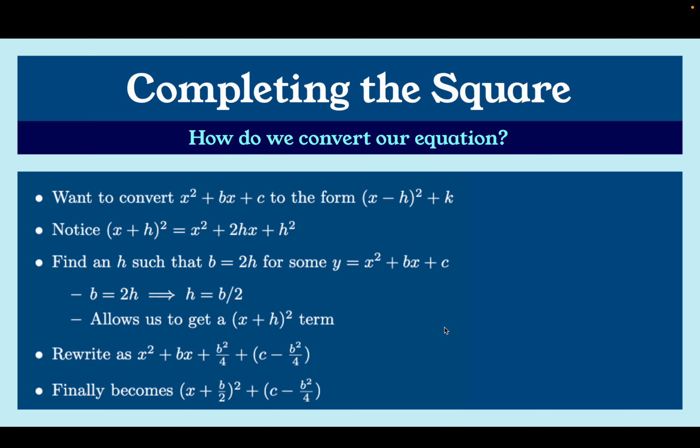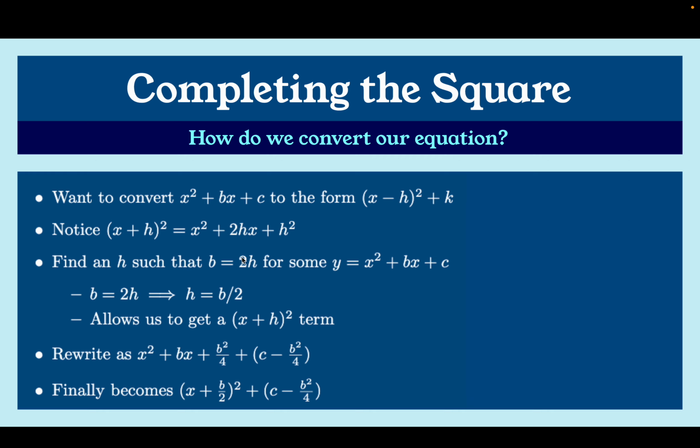The way we do this is by a technique called completing the square. We want to convert a quadratic expression of the form x squared plus bx plus c to the form (x minus h) squared plus k. The leading term a has been dropped, but as you will see later, this doesn't really matter. We can fix this very easily.